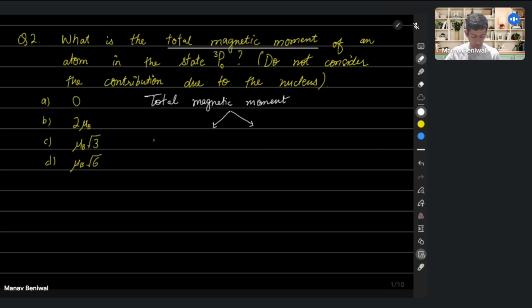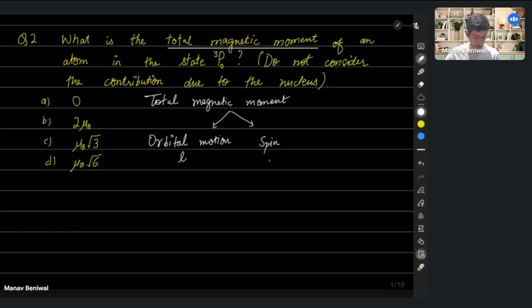One will be because of orbital motion, and another will be because of spin.